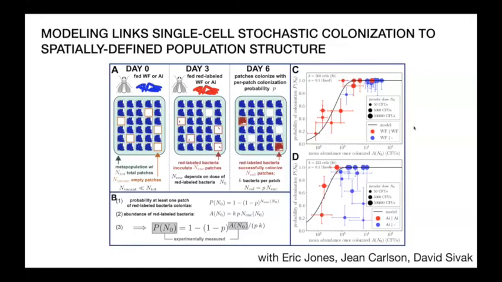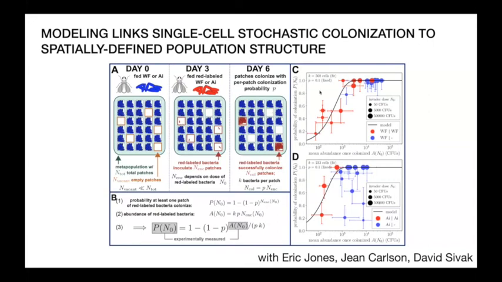And then taking this model up to a total population structure level is work with Eric Jones and Gene Carlson and David Savak. We've been able to take this to the population level, and we see turnover in the population, that's going to tell us how frequently these bacteria are shed and create new niche space to be colonized.